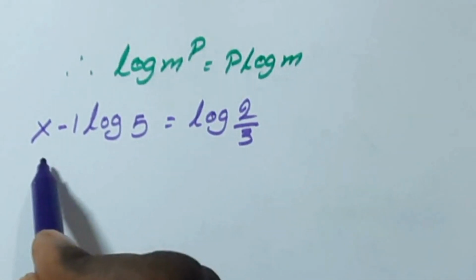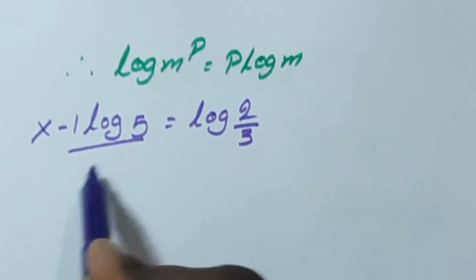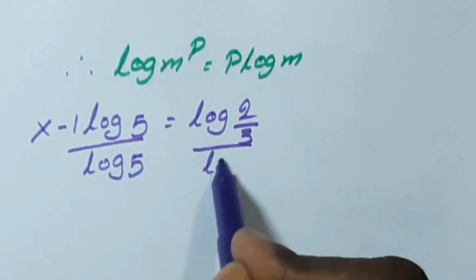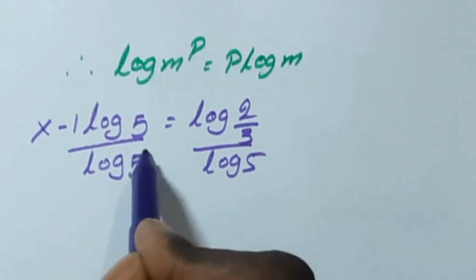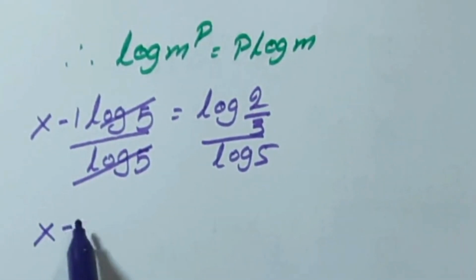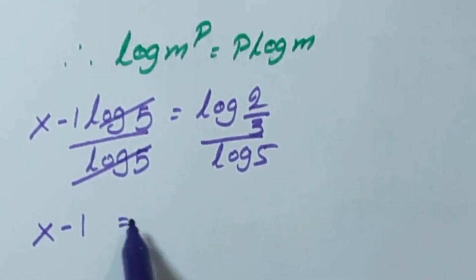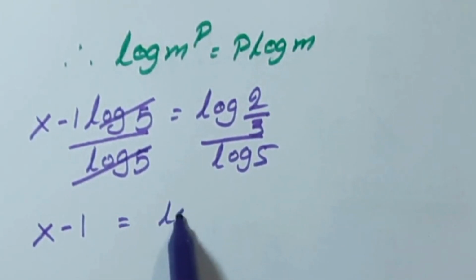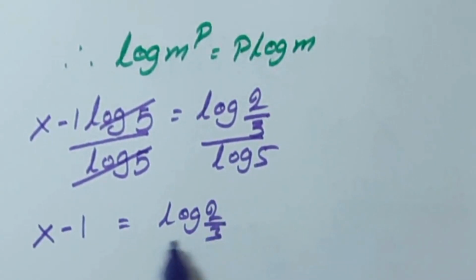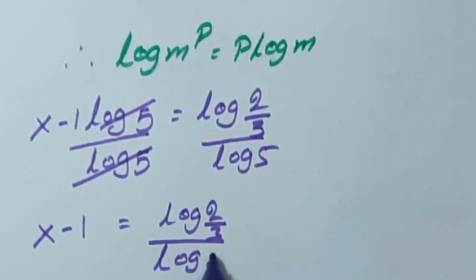Divide by log 5 on both sides. Log 5, here log 5. So this log 5 cancels this log 5. X minus 1 equal to log 2 by 3 over log 5.